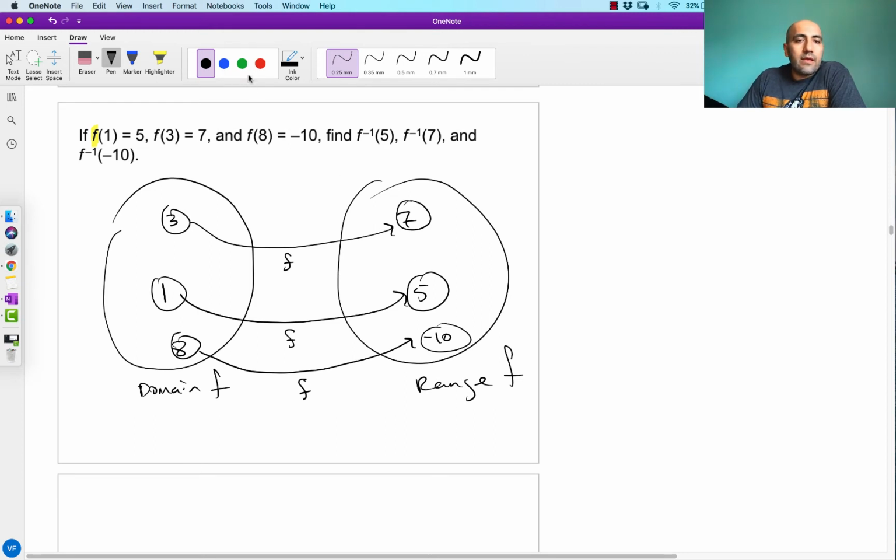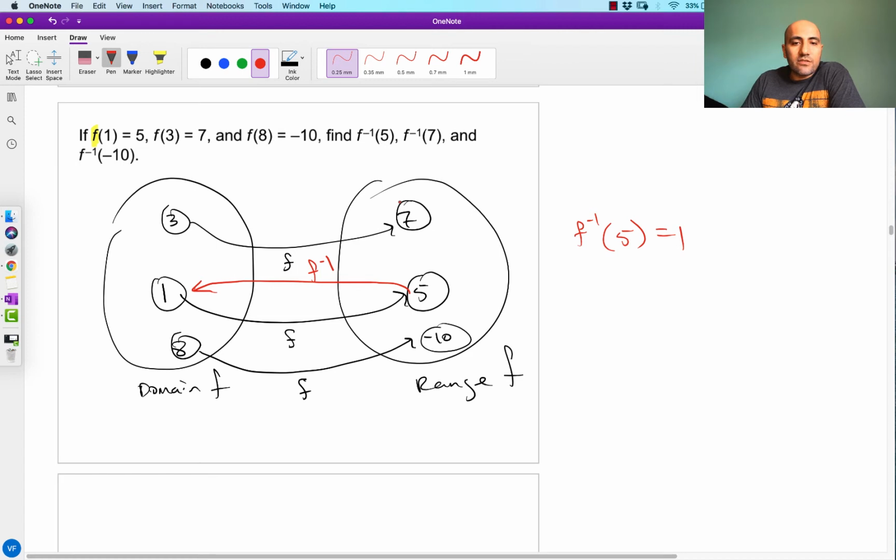Now they are asking us about the inverse function. So the inverse function will have to be a round trip. So inverse of 5, if things are working out properly, when we input 5 into the reverse function, it should lead me back to 1. So just by its very definition, f inverse of 5 must be equal to 1.